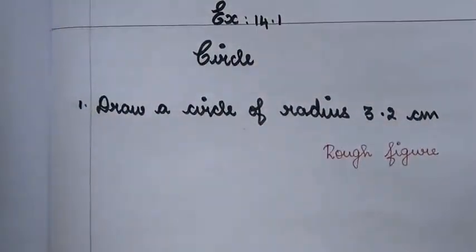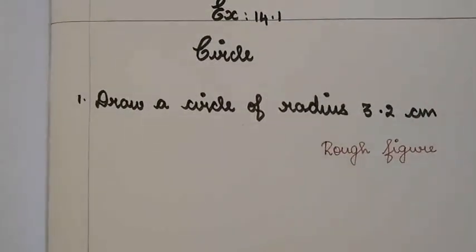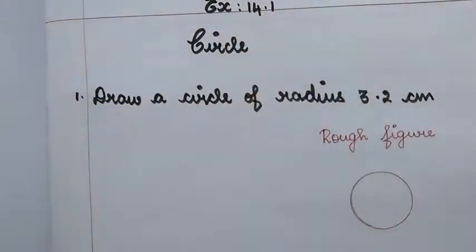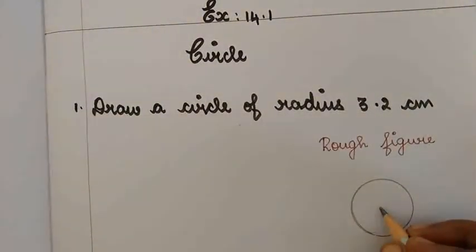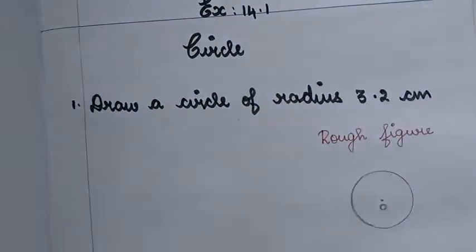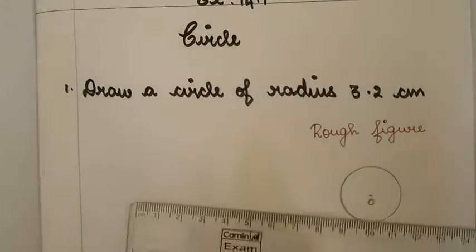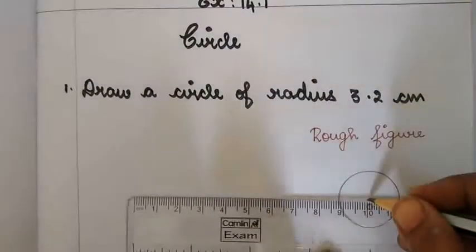Here we use coins to draw a rough diagram. This is a rough diagram. You can place the point O as a center. Then draw a radius.